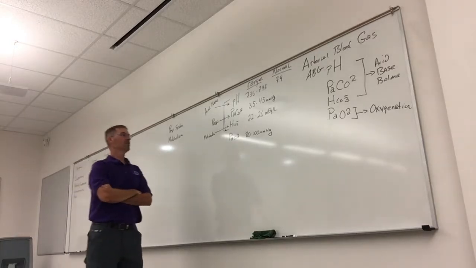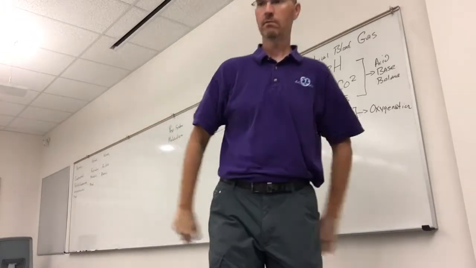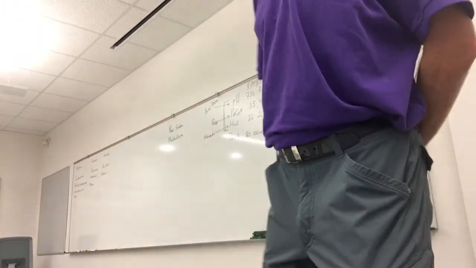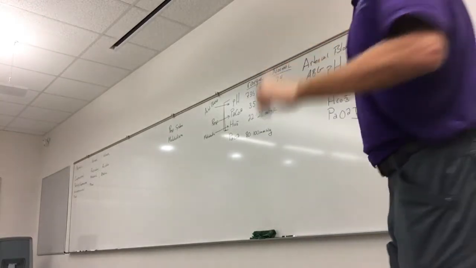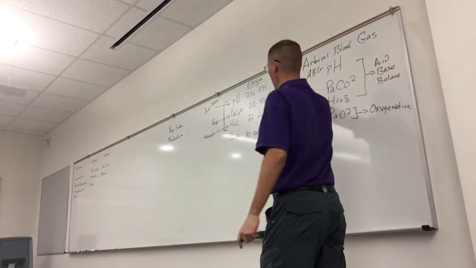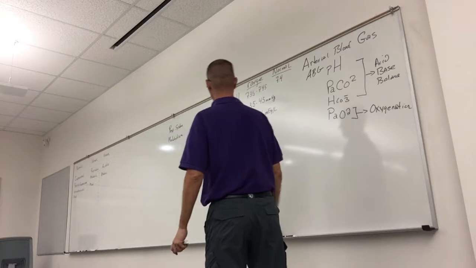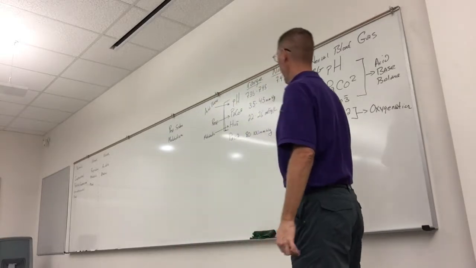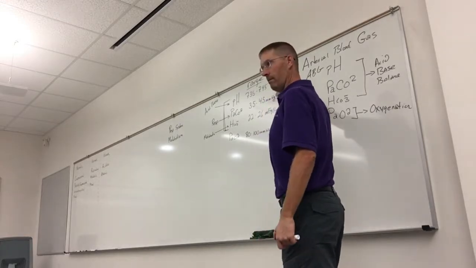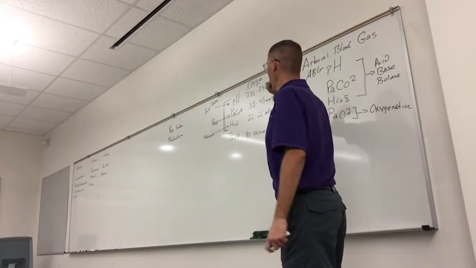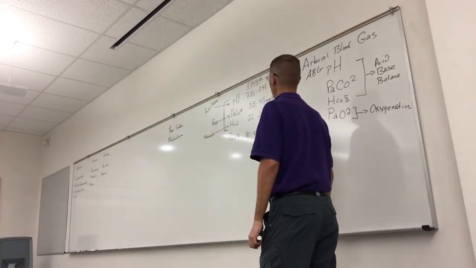So the way that we want to analyze an ABG is we want to take a systematic approach. And the systematic approach that I recommend is in a few steps. So step one, look at the pH. And what I want you to ask yourself is, is the pH perfectly normal? Okay, if it's not perfectly normal, where is it?